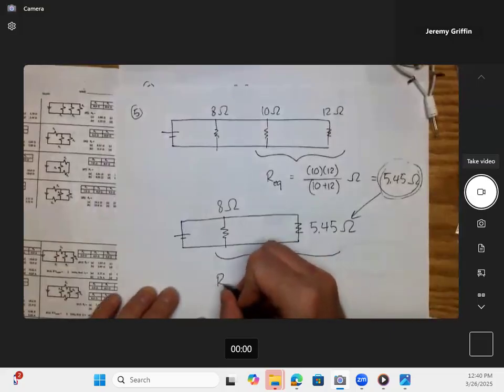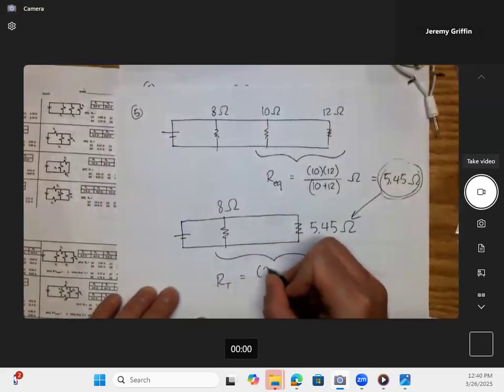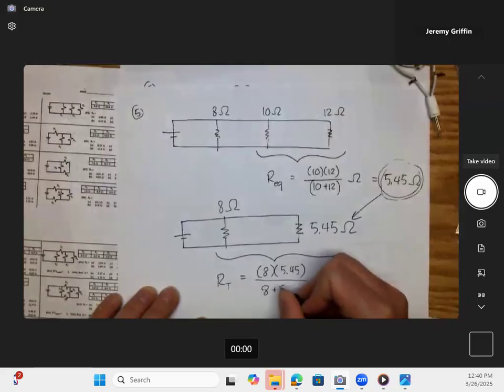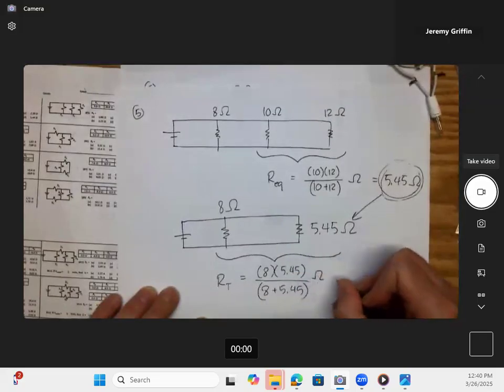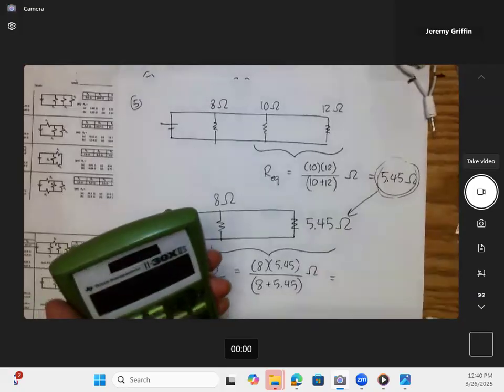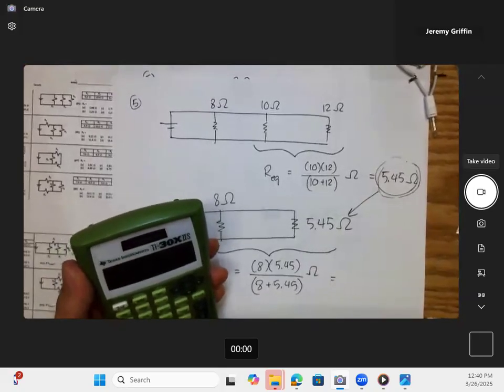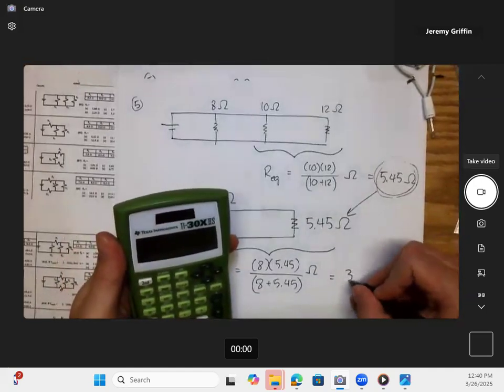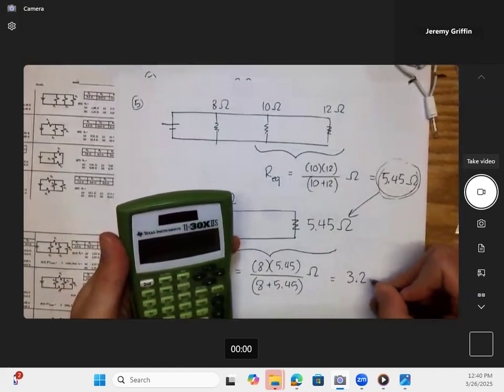So resistance total for the whole circuit, I do product over sum, some number of ohms. How many ohms is that going to be? Times 5.45 over 45. Hey, it's the same answer as we got before with the fraction method.